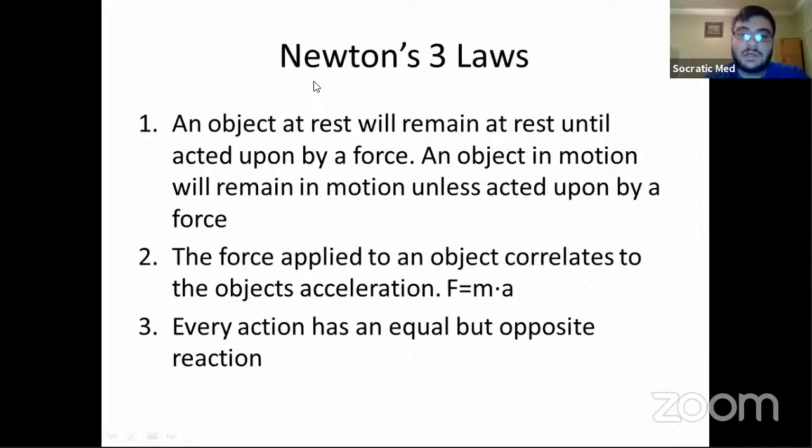The second law is that the force applied to an object correlates to the object's acceleration. So this is the classic equation F equals ma, where F is force, m is mass, and a is acceleration, as we mentioned earlier. This is the basic equation that we'll be using for all of our forces, essentially, and it's the fundamental equation for force.